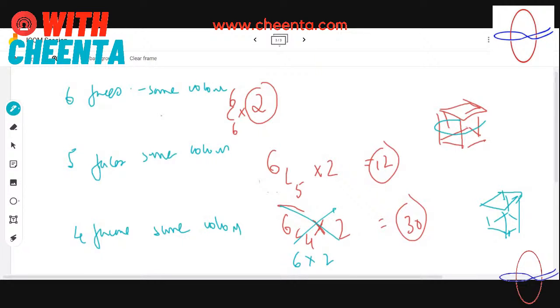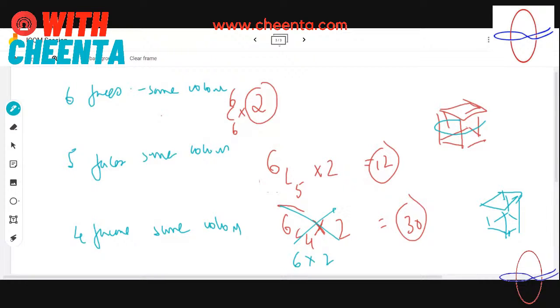No, not 62. Yeah, try to understand this very carefully. We can color such that the vertical positions, so vertical, the 2 faces are opposite, okay?